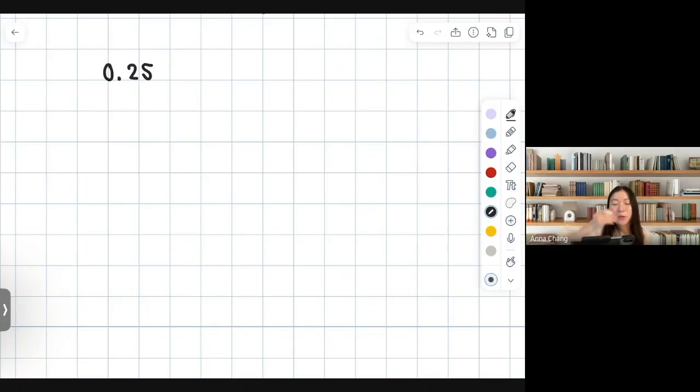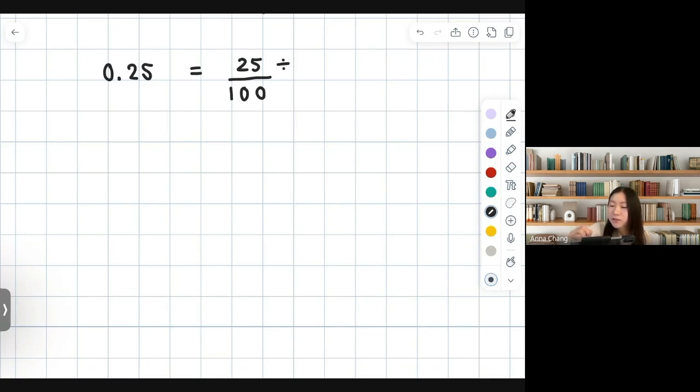So for example, 0.25, this can be read as 25/100ths, which is a really big hint for how to write the fraction. This is equal to 25 over 100. Remember that we can simplify our fractions by dividing by our greatest common factors.